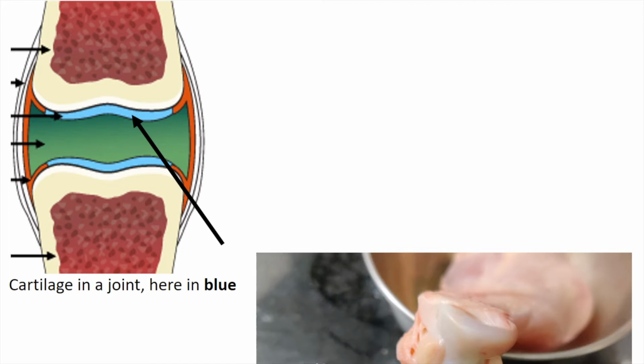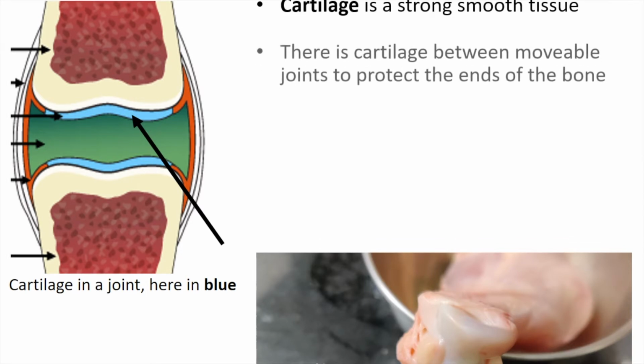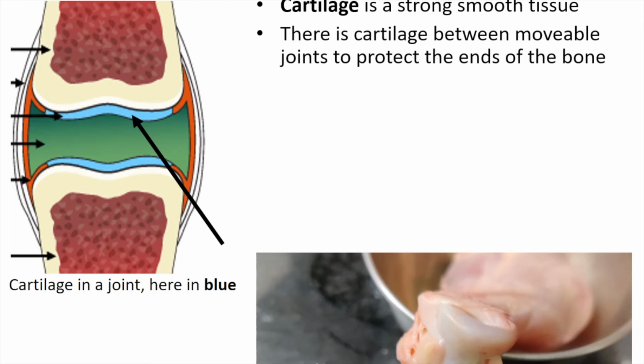Then we have cartilage. So the cartilage in the joint is shown here in blue. Cartilage is a strong, smooth tissue. There is cartilage between movable joints to protect the ends of the bone.